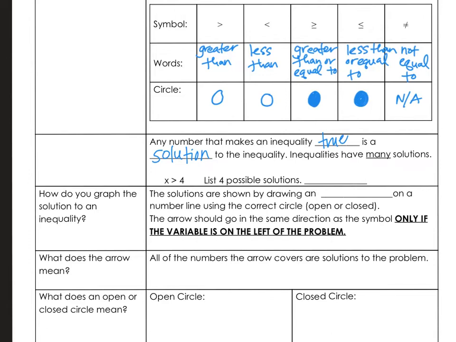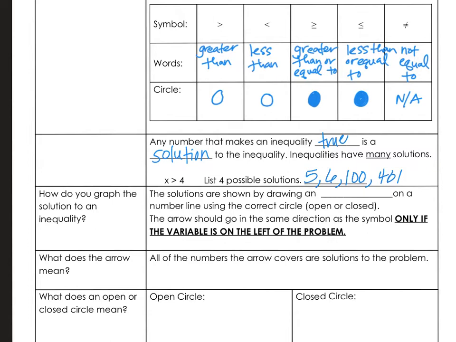So x could be 5, that's a solution. x could be 6. x could be 100, because 100 is greater than 4, well, that's true. x could be 461, that's true. There are so many other solutions to this inequality that would make it true.